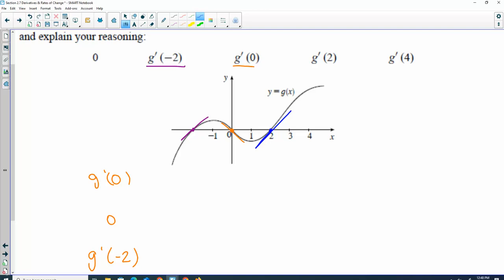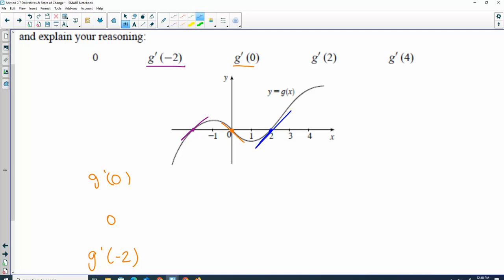Yeah, because that's the point that the tangent line touches. So g prime is just the slope of that line. This line is increasing, so its slope is positive. Why is this one positive? As you go from left to right, the line is rising. That one's negative because it was falling. And that one's positive.